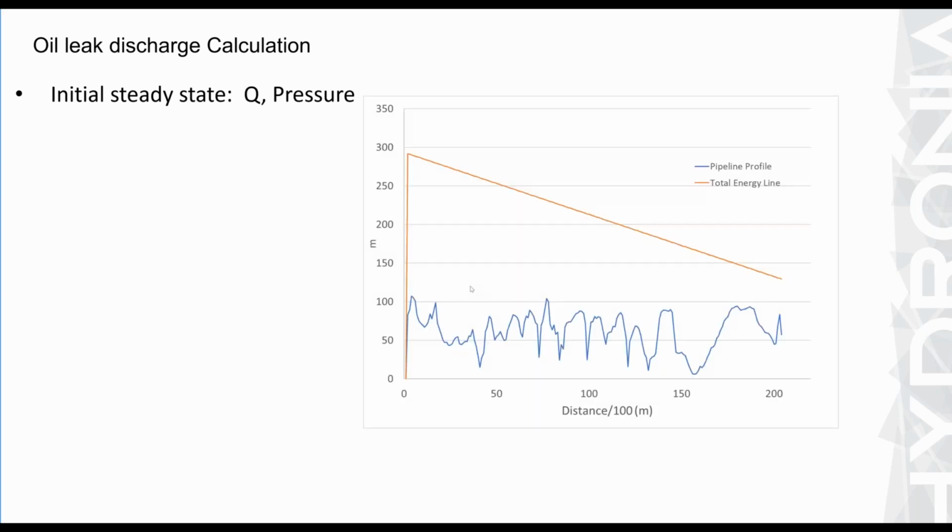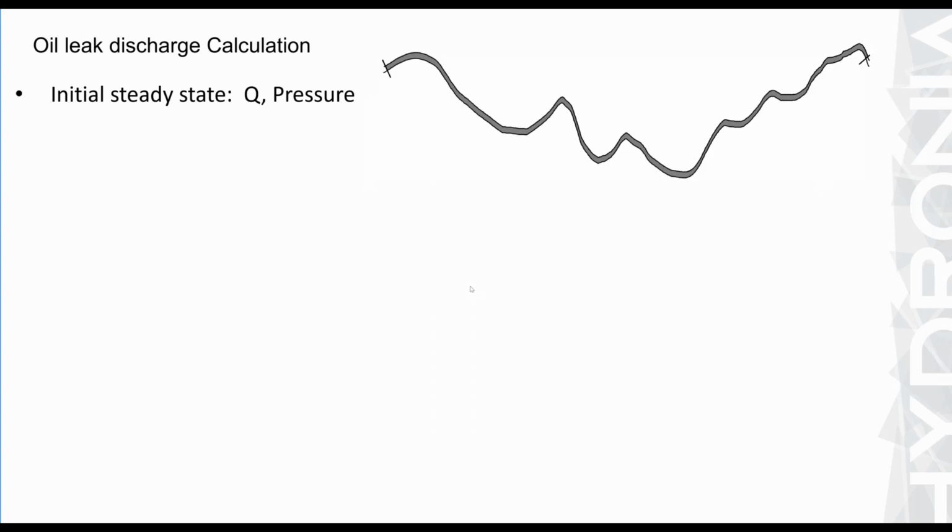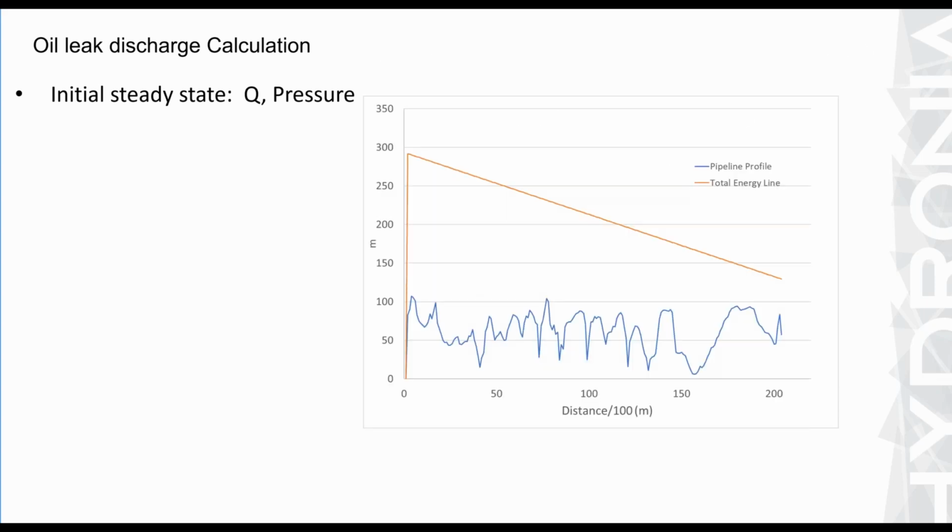Now, the way the oil leak discharge calculation works starts by calculating the initial steady state. So along the pipeline, this would be the pipeline profile. And based on the pressure head at the end and the initial discharge of the pipeline, we calculate the total energy line or the total energy at each spill or at each location along the pipeline before the spills have occurred.